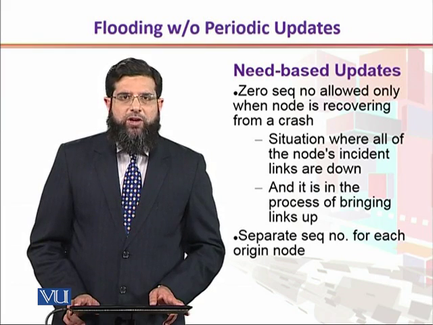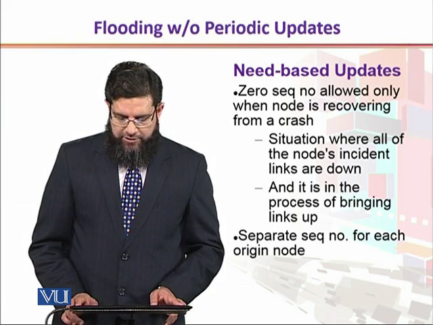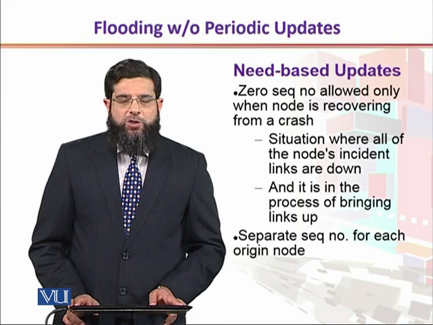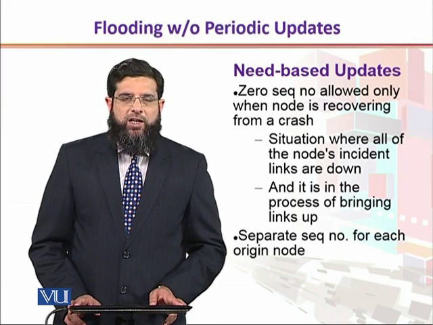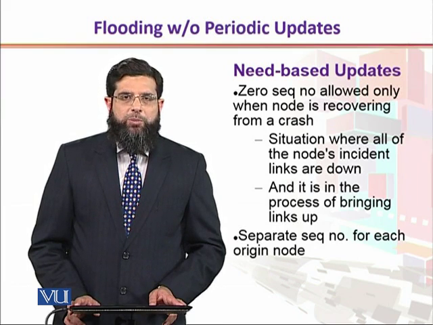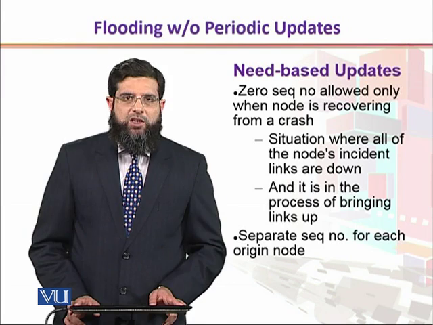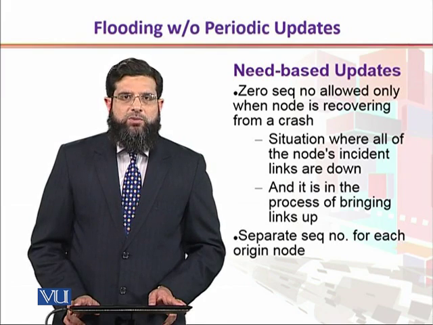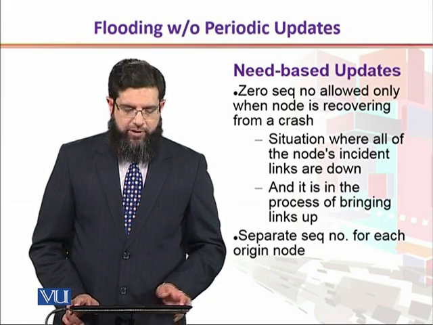So when a node recovers from a crash, it starts with a zero sequence number all the time. So does this solve the problem? It solves the problem only partially, because when a node recovers from a crash, it uses a zero sequence number. What if 2 nodes crash and start recovering?